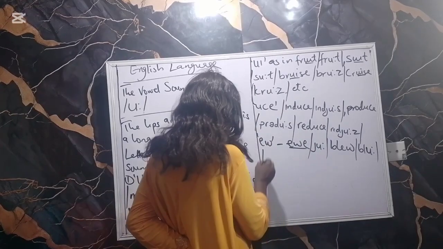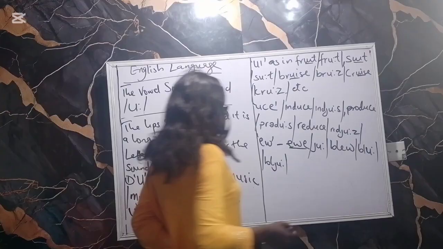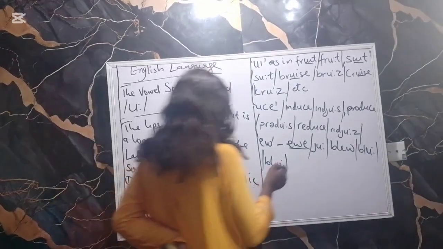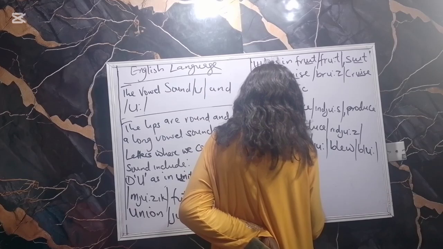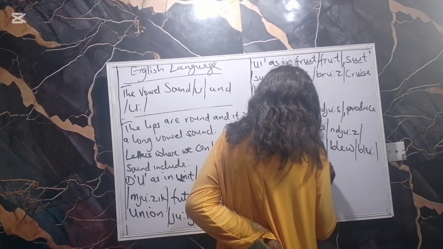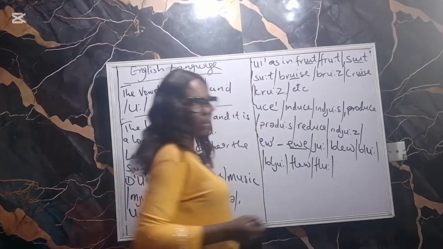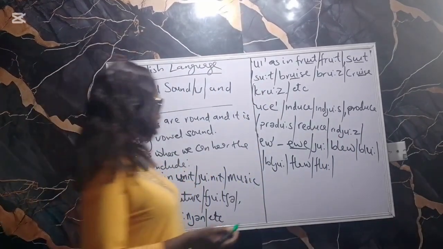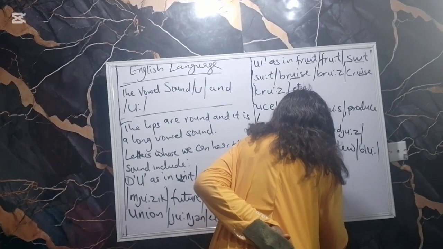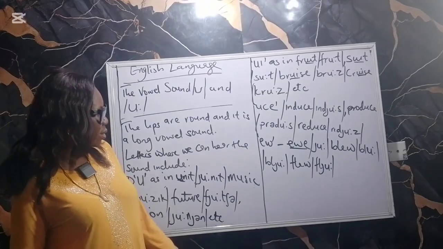You can equally pronounce it like this, blue. So this Y sound is optional in it. Okay, what of flu? Still optional, flu. Okay, you can put E sound there. Let's put E sound, flu. That is how to write it.